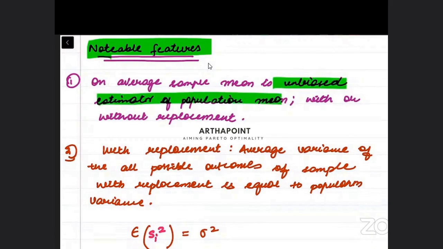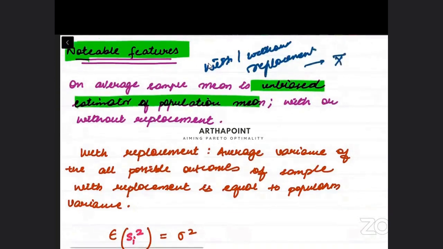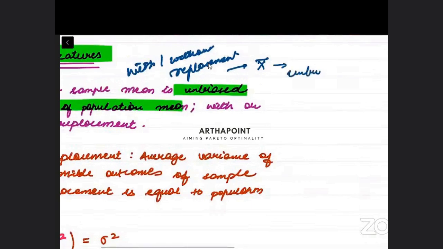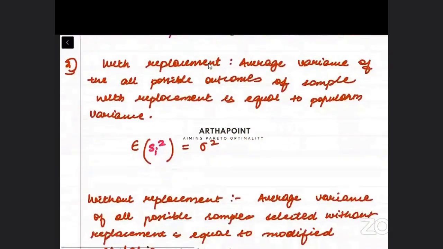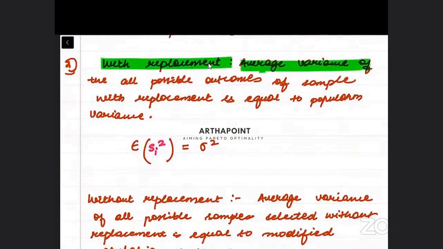Please make a note, with or without replacement, the sample mean that you find is an unbiased estimator of the population mean. Second part, with replacement, the average variance of all possible outcomes of sample is sigma square.